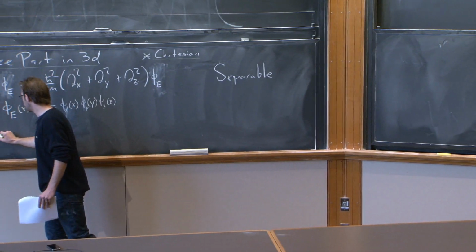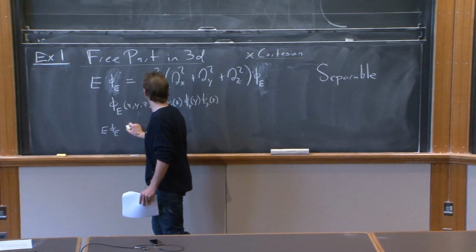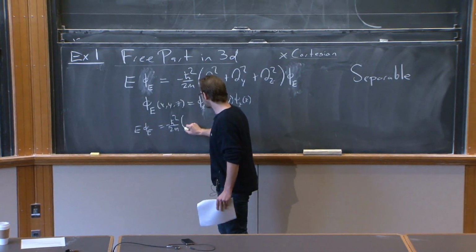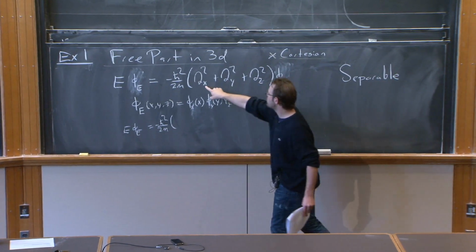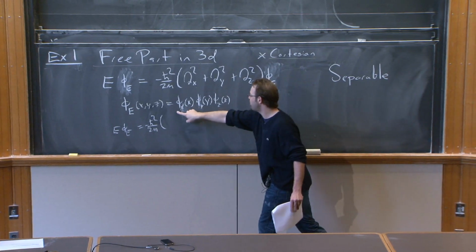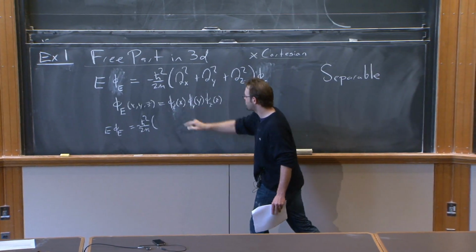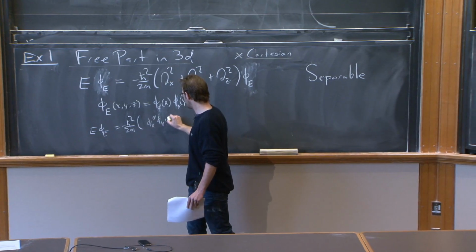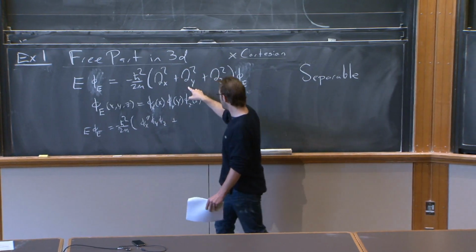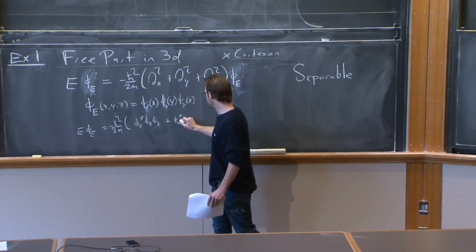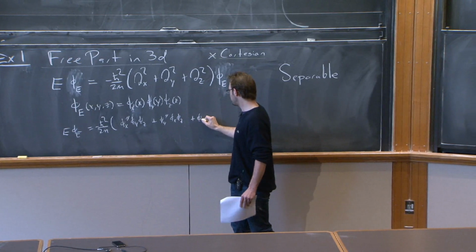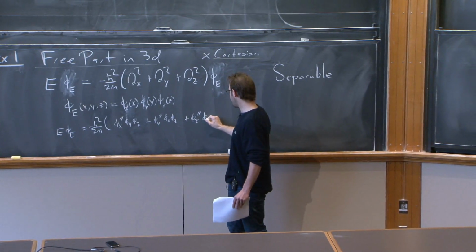This gives us that E on phi E is equal to minus h bar squared upon 2m times: well, the dx squared acting on phi sub E is only going to hit this one. So I get phi x prime prime, phi y phi z, plus, from the next term, phi y prime prime, phi x phi z, and from the next term, phi z prime prime, phi x phi y.